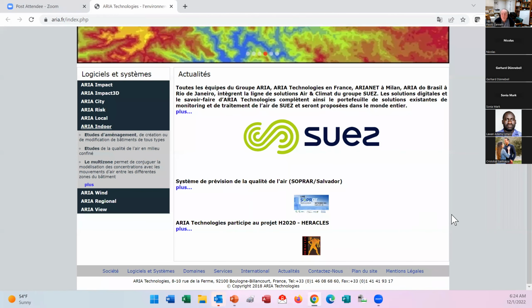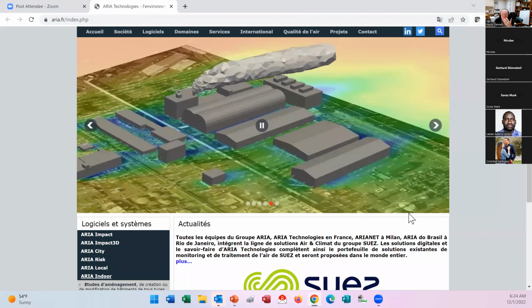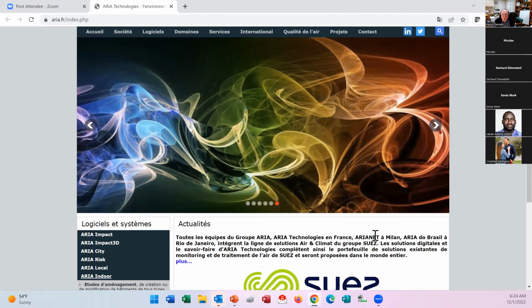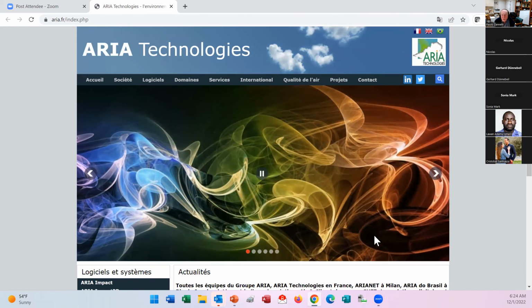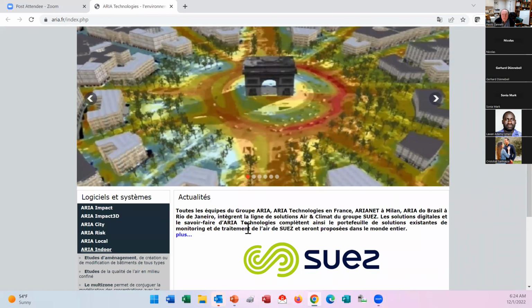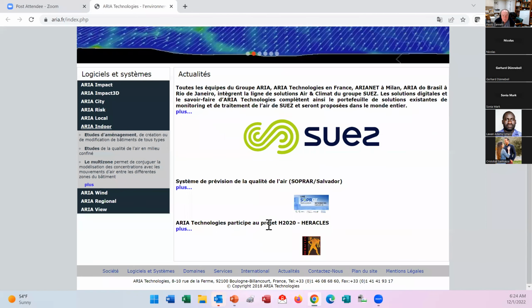So they have a lot of what we call proprietary software. It's something that they have developed internally, and they use it all the time. So this is a very high reputation company that can be of some help for some particular studies.